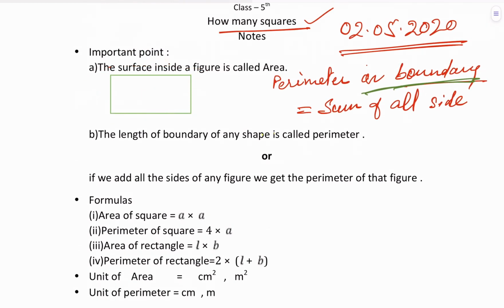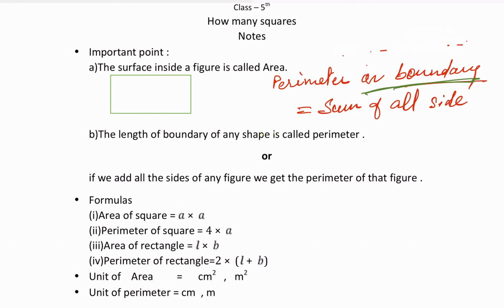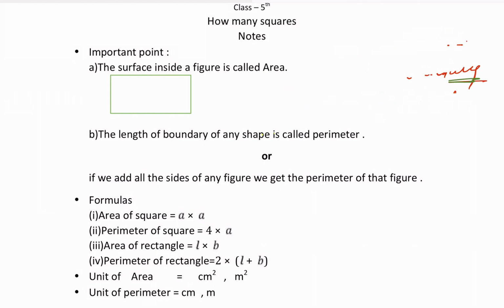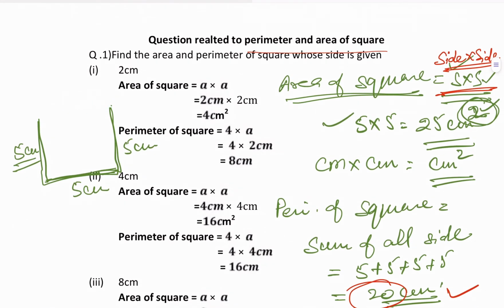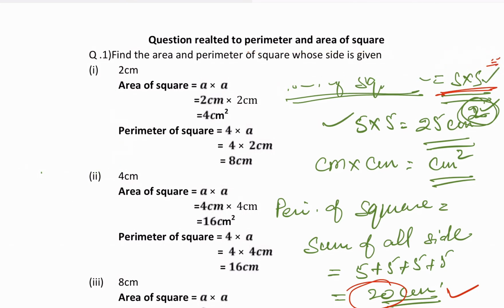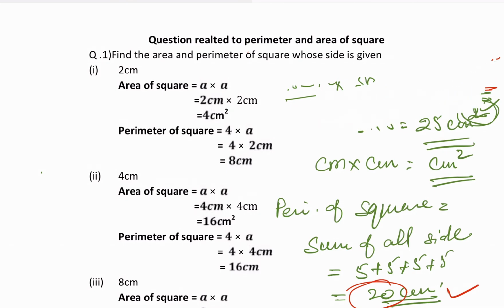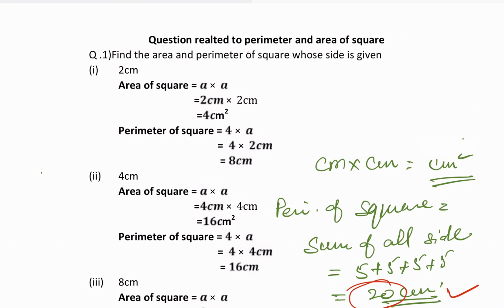Wait for erasing. Yes, this is the question. Questions related to perimeter and area of a square. Find the area and perimeter of a square whose side is given. This is the square.